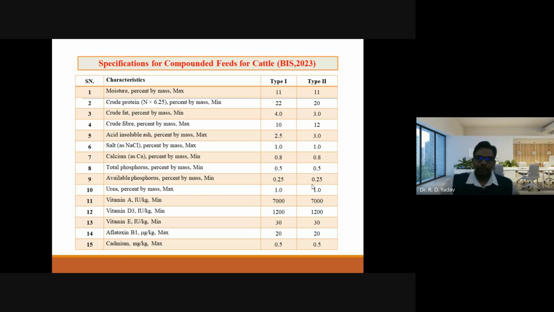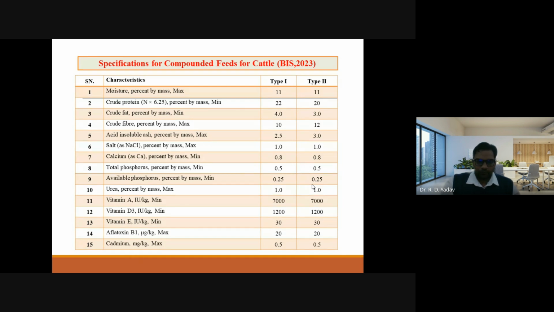Their values are mentioned here, like crude protein should be 22% in type 1 cattle feed and 20% in type 2 cattle feed, and they have increased the crude fat content from the previous standard. In the present scenario, for type 1 it is 4%, and type 2, 3%.